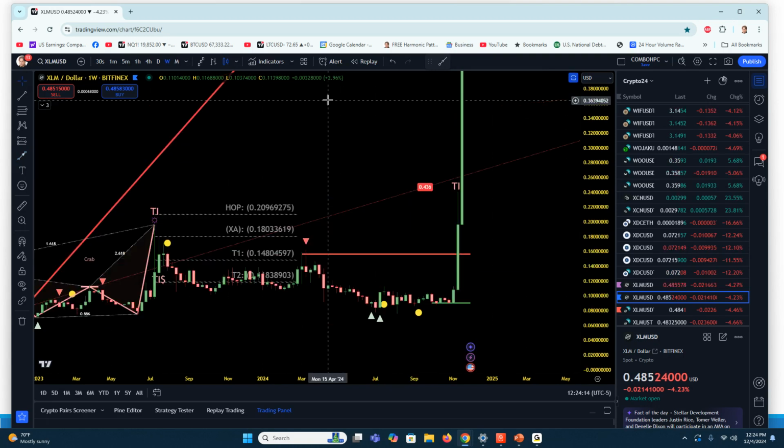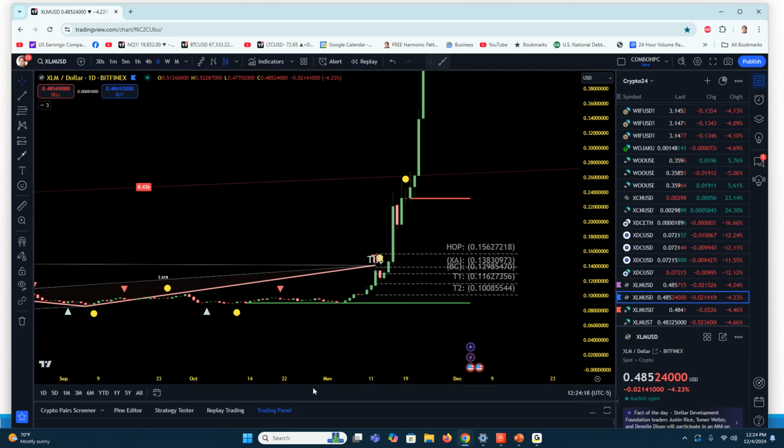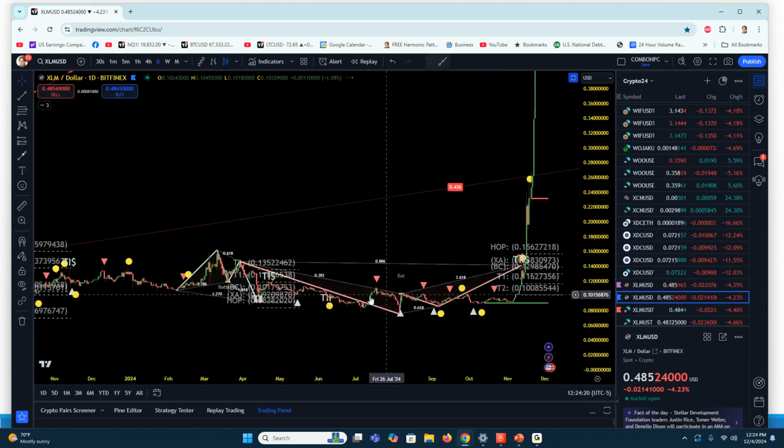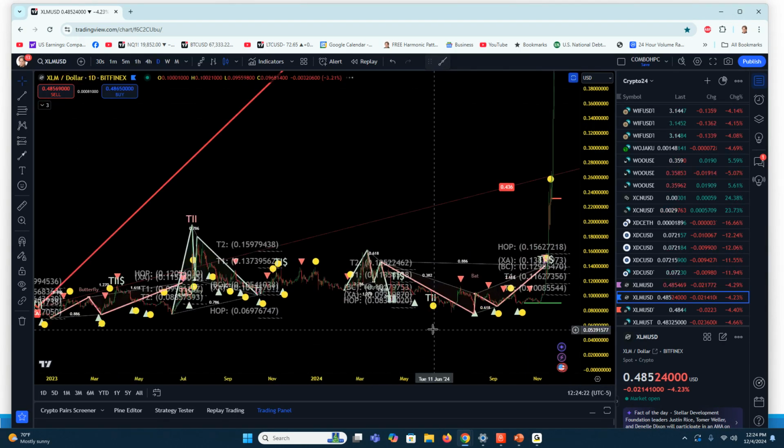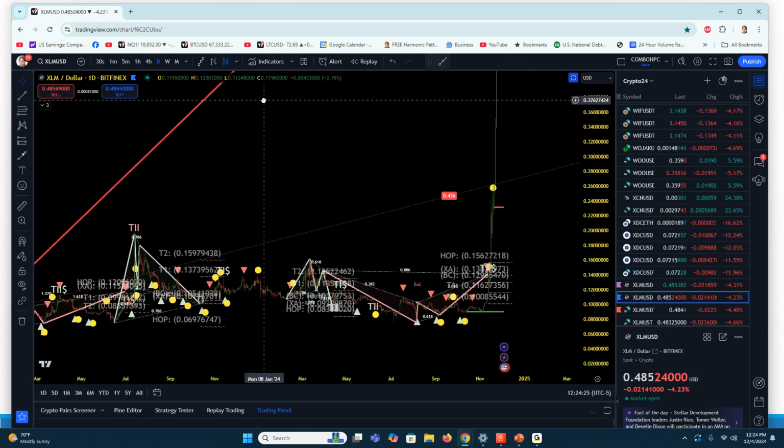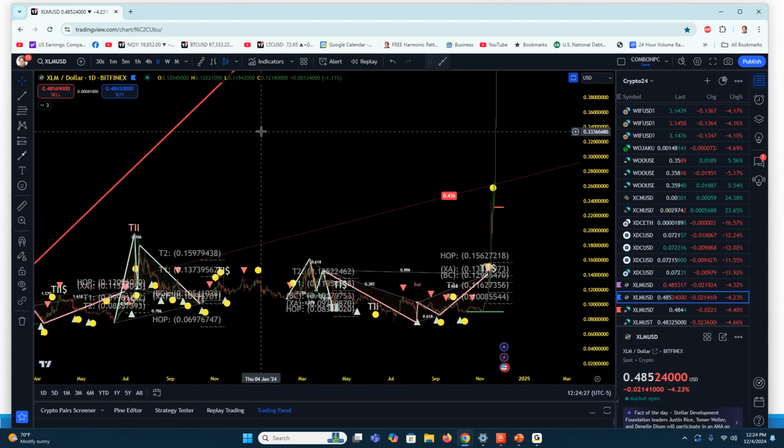But those were the basic kind of thesis. And again, with everything that happened there with XLM, there were several patterns, and there were many patterns in a lot of crypto that lined up to send it.